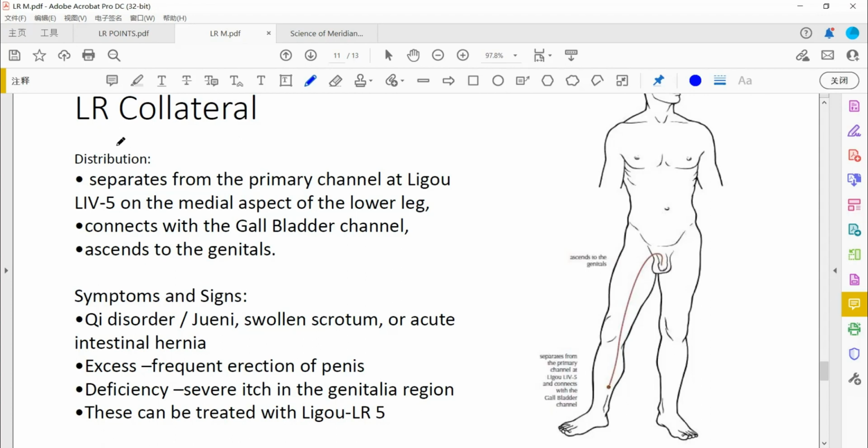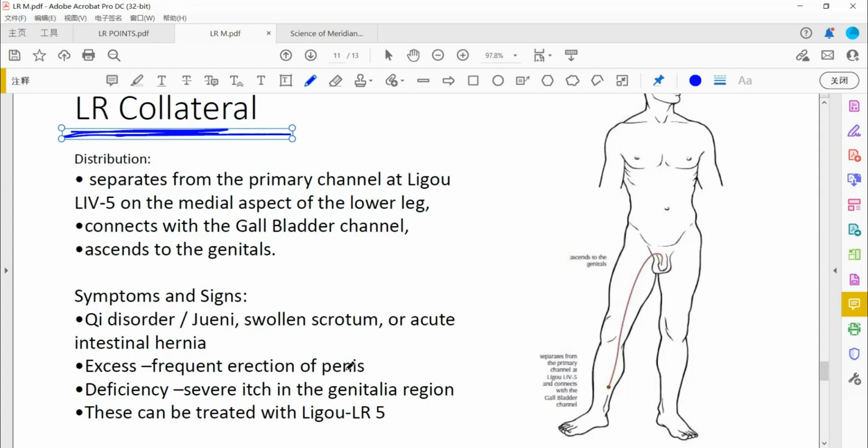Symptoms and signs: if the liver collateral has something wrong, there will be qi disorder. We call it 厥逆, which means the hands and feet will be cold. Swollen scrotum or acute intestinal hernia.